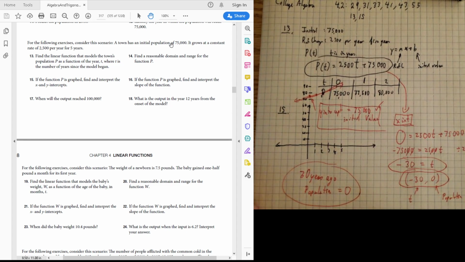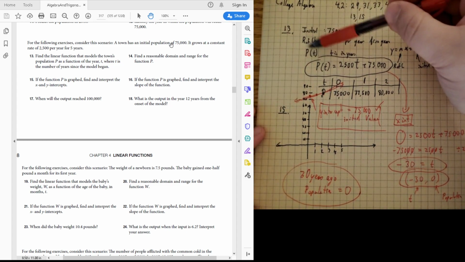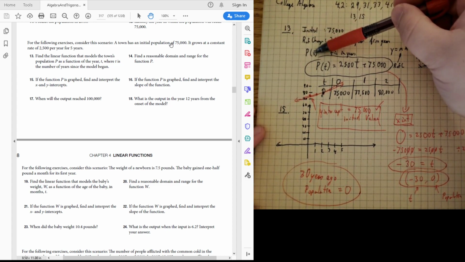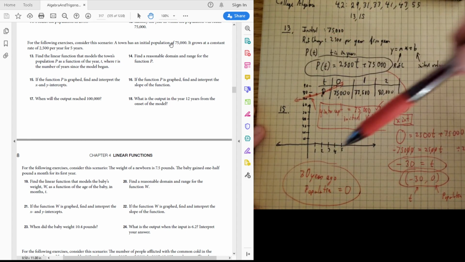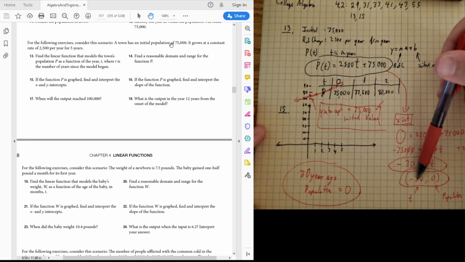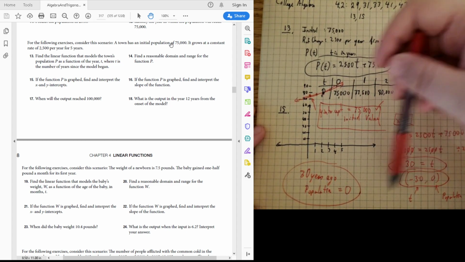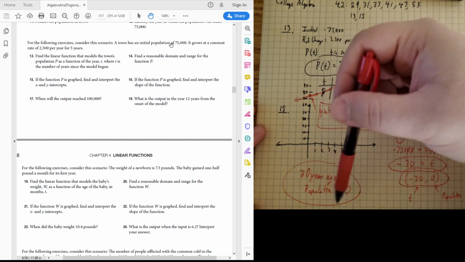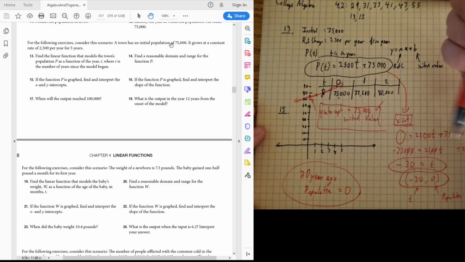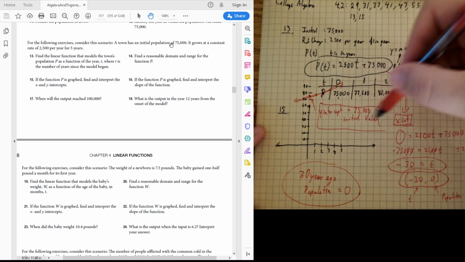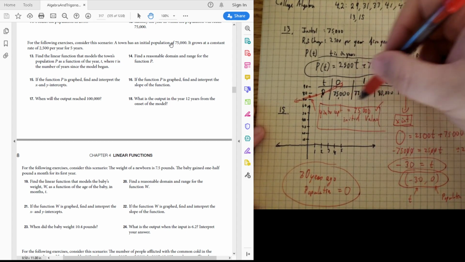And there's my interpretation. Notice how I just take the information given from up here, the population in terms of time, and I write it as a sentence. The years, negative 30 means 30 years ago, and 0 is the population, so this tells me that 30 years ago the population was 0. Whereas right now, the population is 75,000.